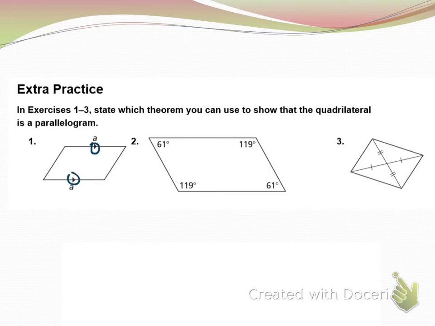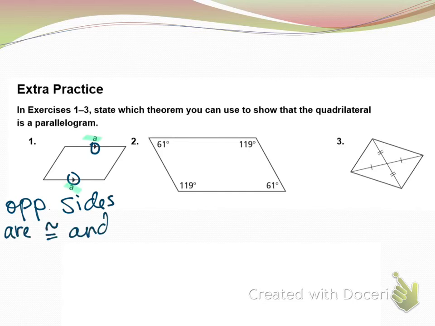Do we know anything about their length? They're both A. So they're congruent and parallel. So we're going to write opposite sides are congruent and parallel.